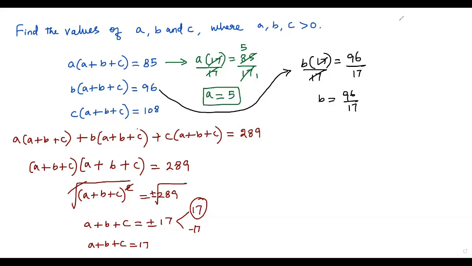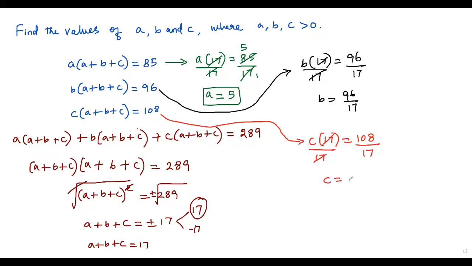Okay. Now, to solve for C, I have to plug in 17 for (A+B+C) into the third equation. Okay, now let me take the third equation over here. So C times the value of (A+B+C), which is 17, equals 108. So to solve for C, I have to divide both sides by 17. So 17 will cancel out.